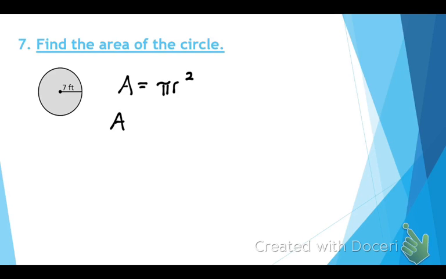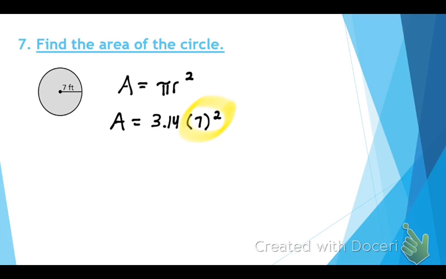And we're going to go ahead. There are 2 options here. I could use 22 over 7, or I could use 3.14. How many of you used 3.14? Okay, I'll go ahead and use that one then. 3.14 times, what's my radius? 7, and then you've got to square it. A lot of people messed up on this. Before you can ever multiply those 2 things together, what do I have to do?